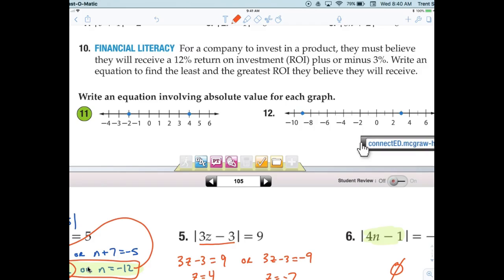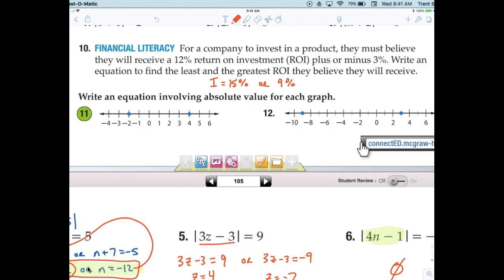So if they want to make 12%, but they will accept plus or minus 3%, what's the lowest they'll take? 9%. And what's the highest they will take? 15%. So our investment could either be 15% or it could be 9%. Is everybody with me on that?